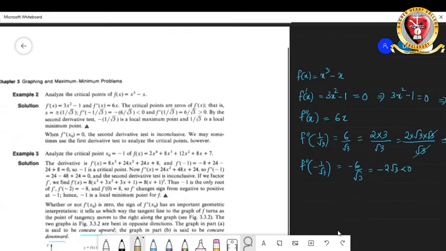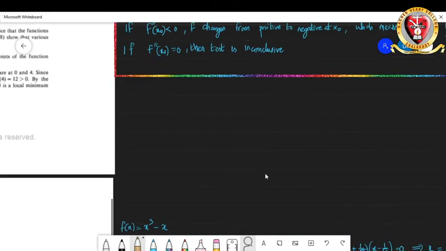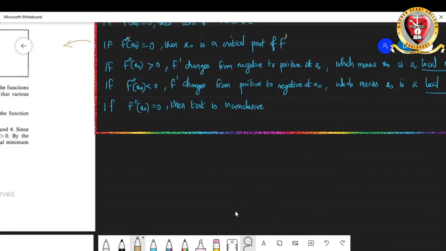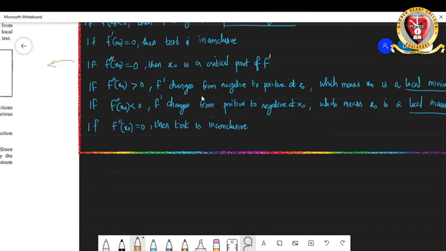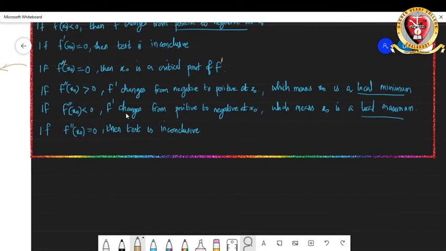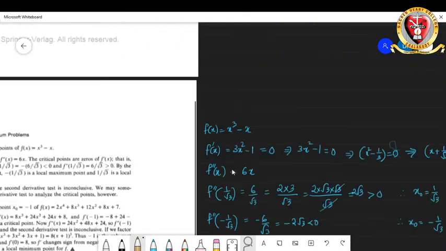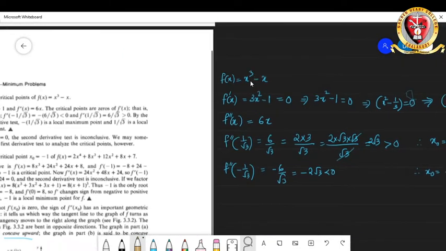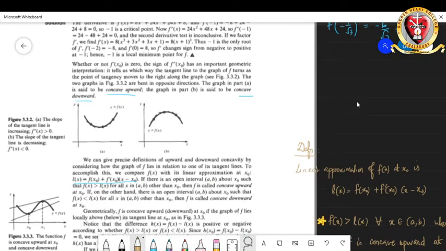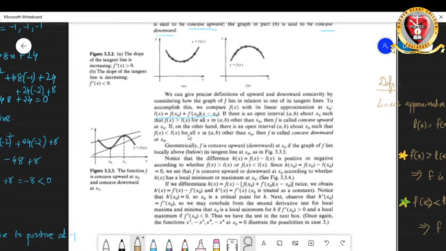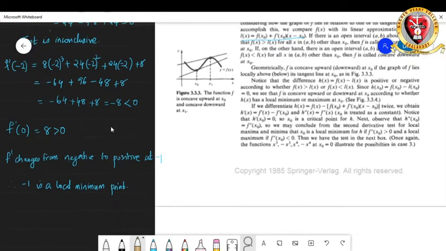As we had mentioned while we were doing the recap, when f dash is changing from negative to positive, x naught is a local minimum. F dash is changing from positive to negative, x naught is a local maximum. So let's see what we obtained here at the neighborhood points.